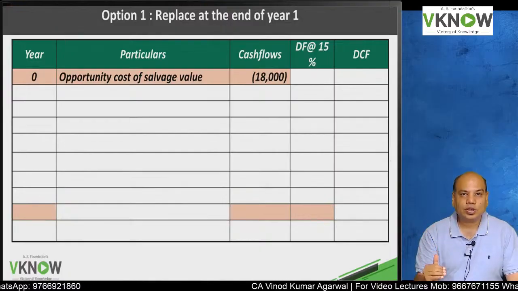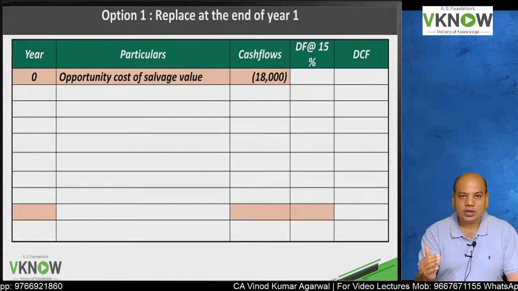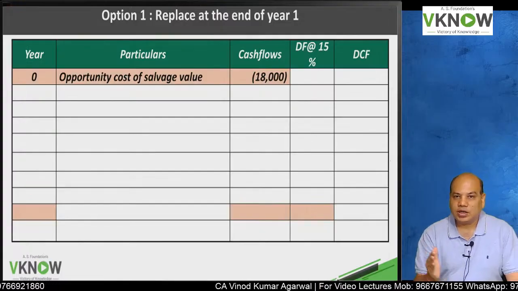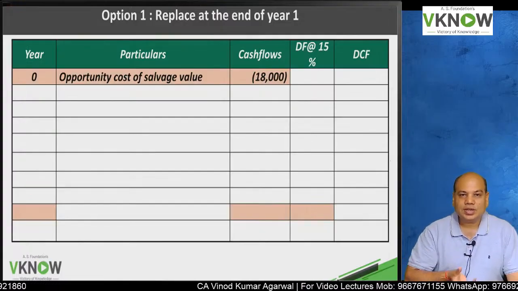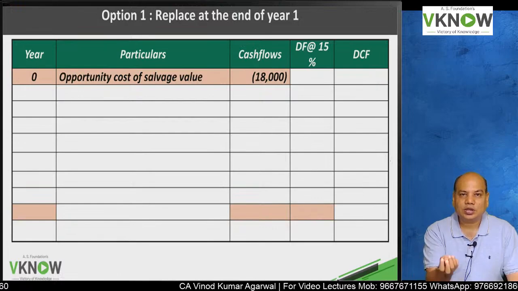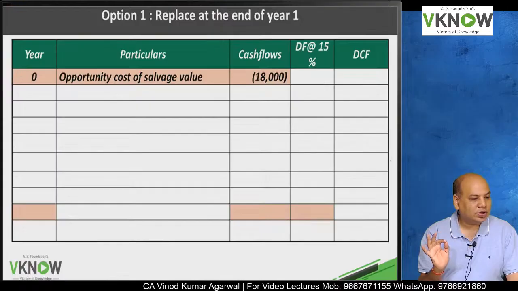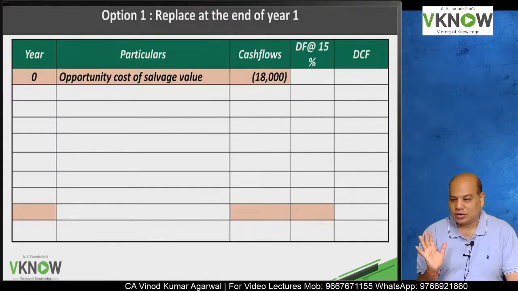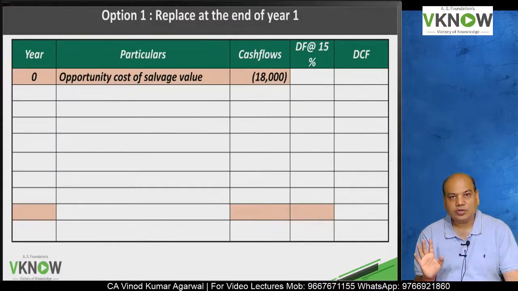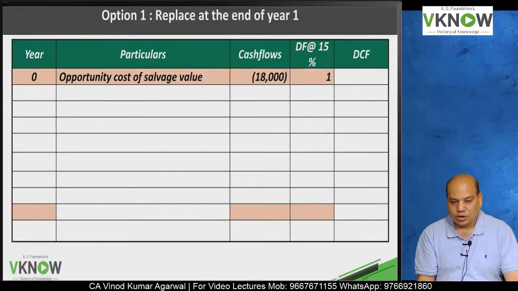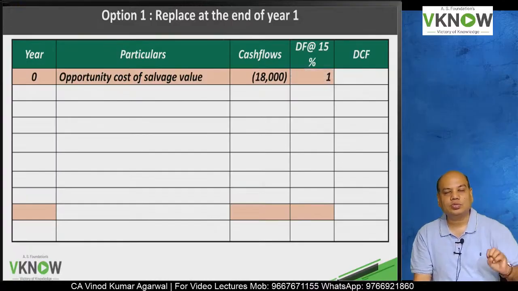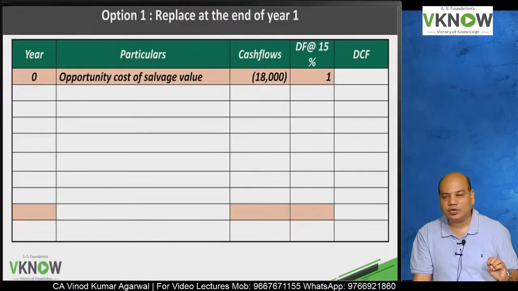Had you sold it today, you would have got 18,000. But you have decided to continue, so it is as good as investing 18,000 in the old asset. Think as if you have bought this old asset from the market for 18,000.